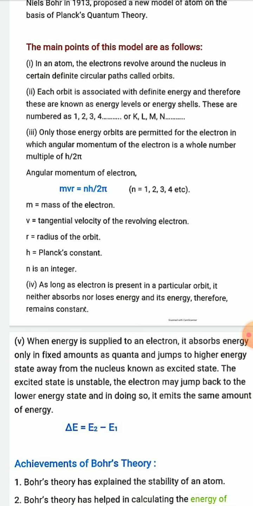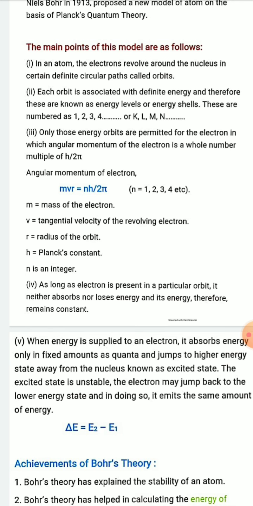Permitted orbits or permitted shells are those shells in which the angular momentum of the electron is an integral multiple of h by 2 pi, where m is the mass of the electron, v is the velocity of the revolving electron, r is the radius of the orbit, h is the Planck constant, and n is the integer.